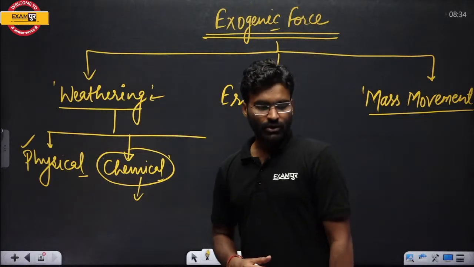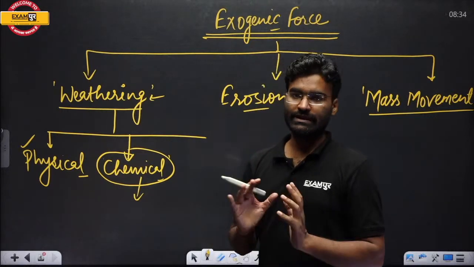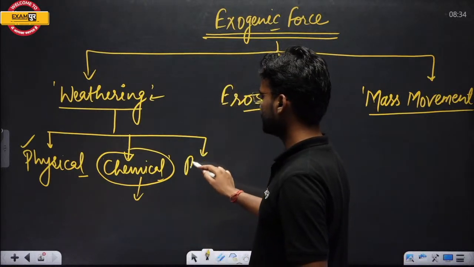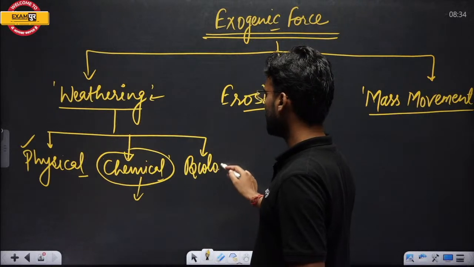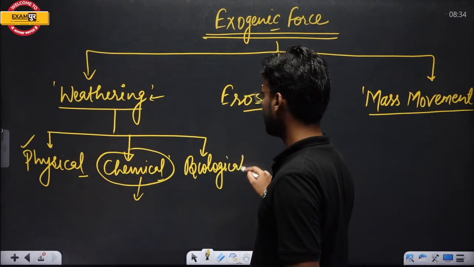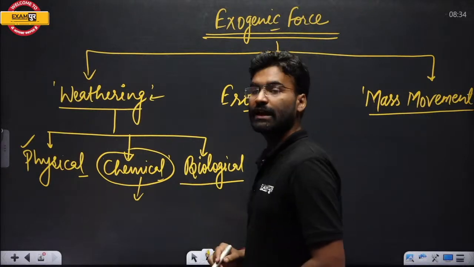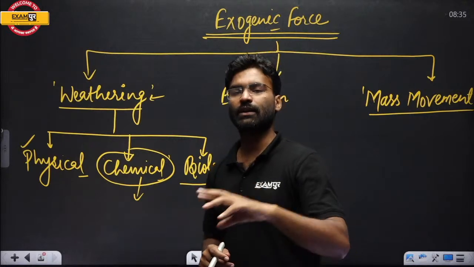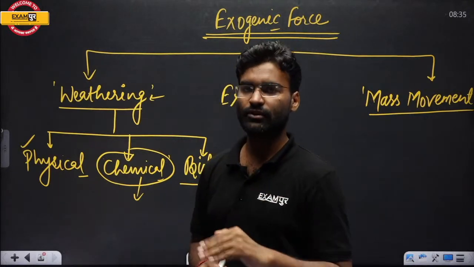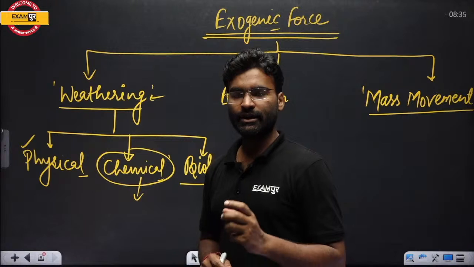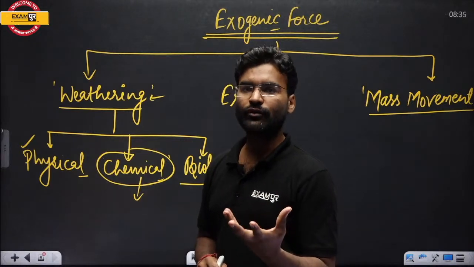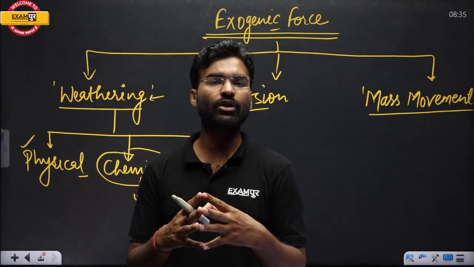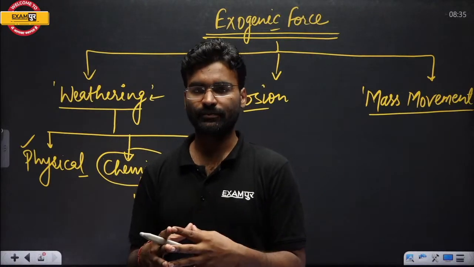So there is chemical weathering, physical weathering, and the third one is biological weathering. Some biological factors are responsible for the breaking of rock. For example, if animals move on any land surface or rock, due to the movement of those animals the bonding of the rock is weakened.